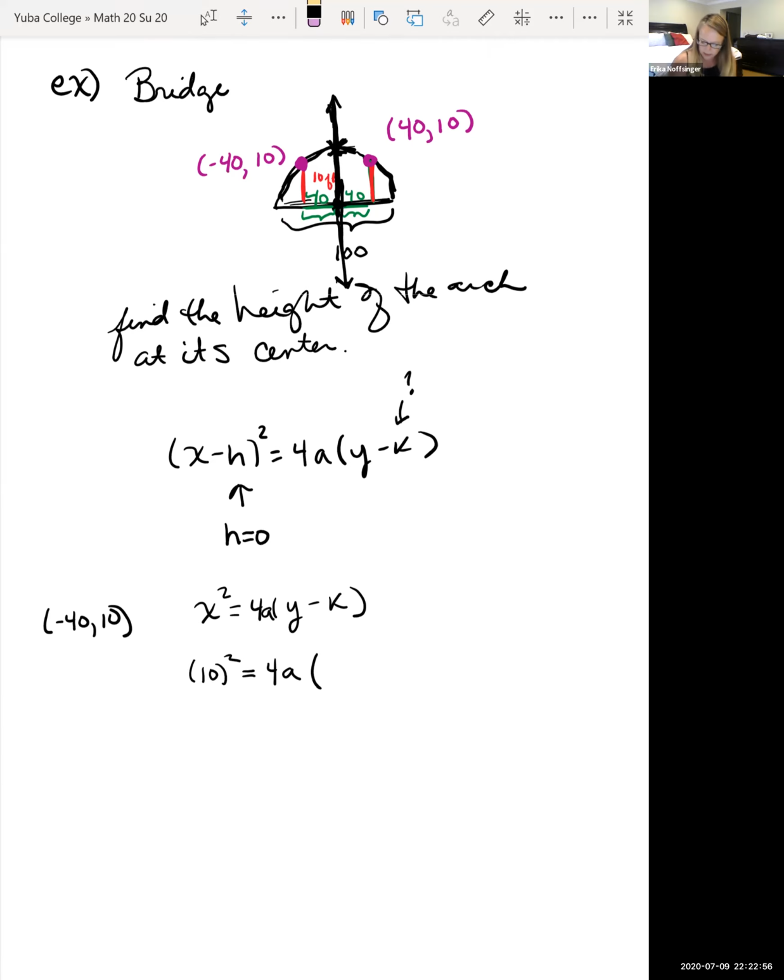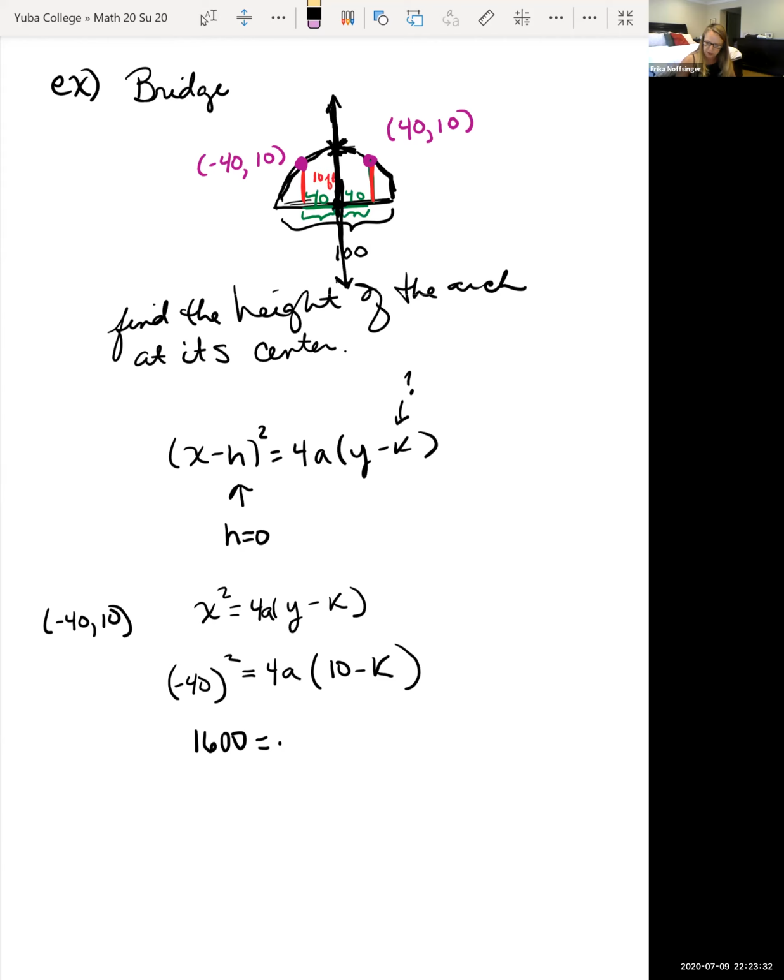I just said that, but I was wrong. My x value is not 10. X value is negative 40. I square it. 4 times a, y is 10 minus k. So negative 40 times negative 40 is 1,600. 4 times 4 is 16 plus 2 zeros, equals 4a(10 minus k).